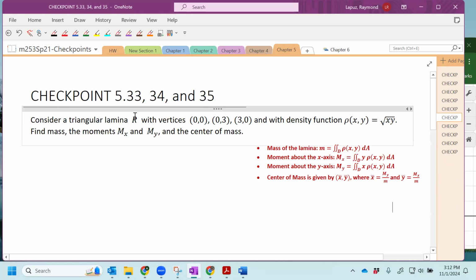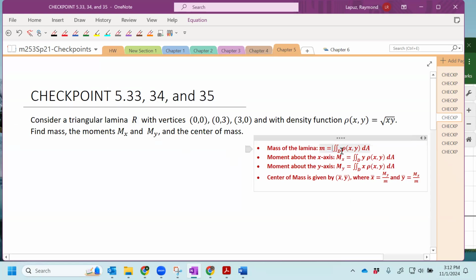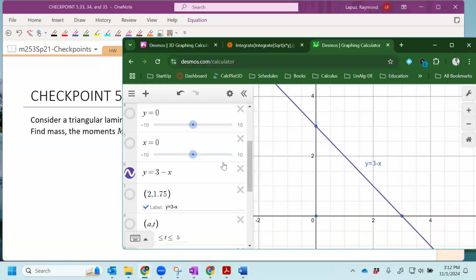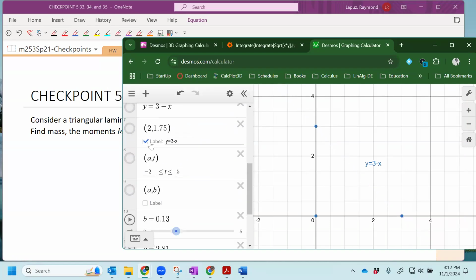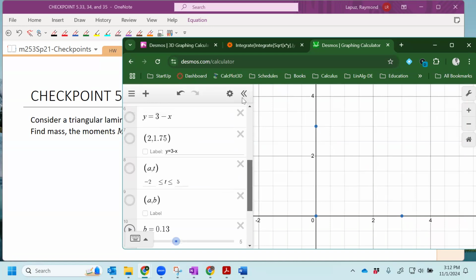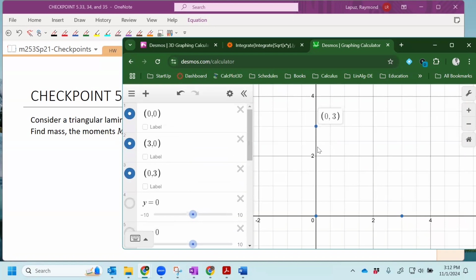First, we want to identify the region D or R, in this case R, and it's a triangular lamina. That will essentially get us set up to find the limits of integration for our double integral. The 3 points are given here: (0, 0), (0, 3), and (3, 0).